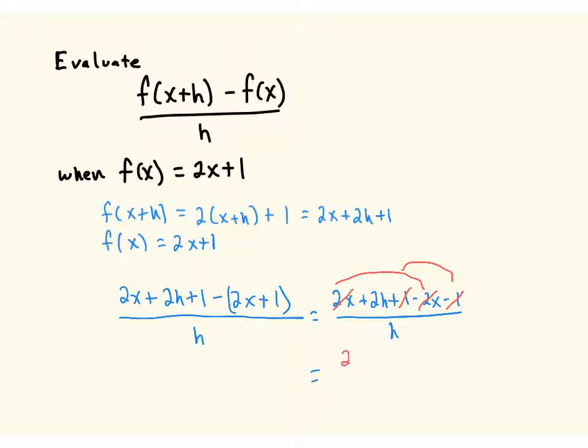So what we finish with is 2h over h, and we can reduce the fraction, because we can reduce the h to 1. Sometimes you call that canceling, but it's actually reducing it to 1, so we are left then with a final result of 2.